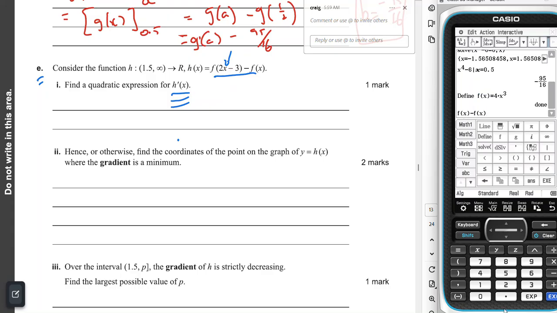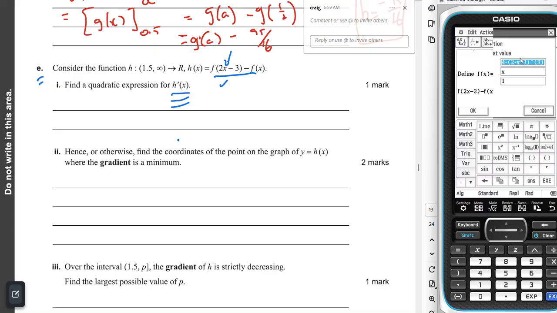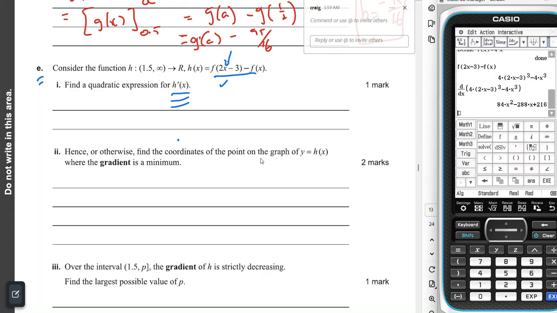So there's my f of 2x minus 3, tick, minus f of x, done. And I want the derivative of that. Quadratic expressions, it's just worth 1 mark. h dash of x equals 84x squared minus 288x plus 216.